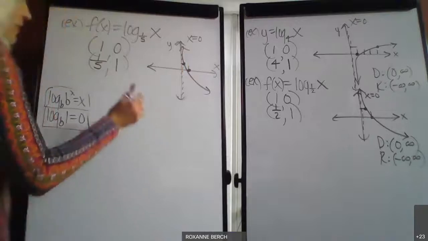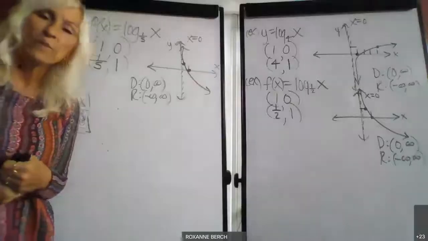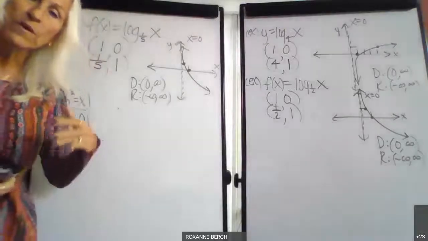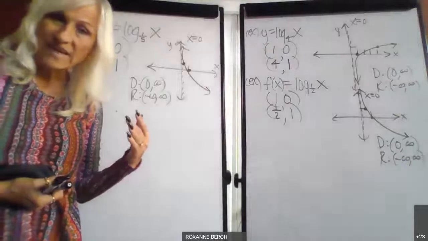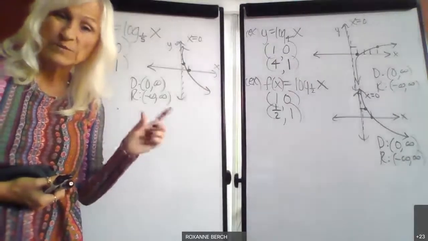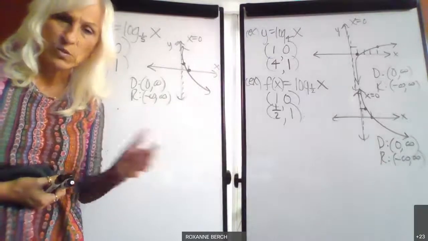All right, what's your domain? 0 to infinity. And what's your range? All real numbers. I have a question. Does the fact that the base is a fraction have to do anything with it decaying? Yeah, because remember with exponential growth and decay, growth were numbers greater than 1, but decay were the proper fractions between 0 and 1, like 1/5, 1/2, 3/4, 7/8, 11/12.